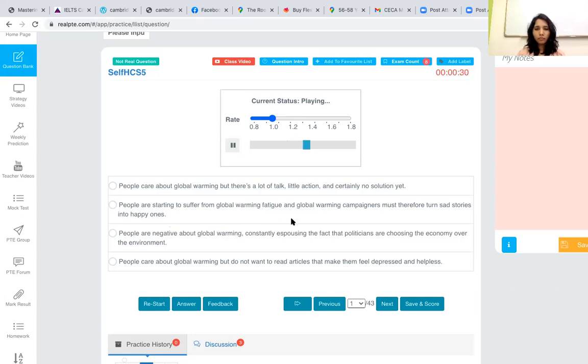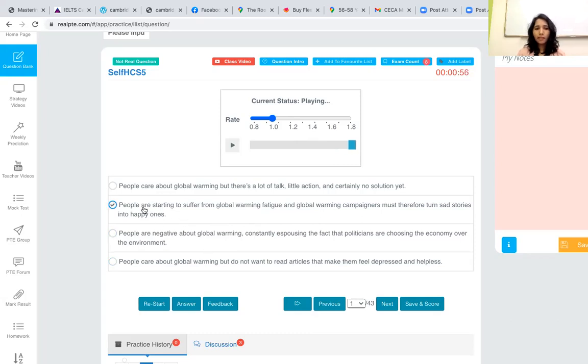And they write about people whose lives have been negatively affected by extreme climate change. Why should we spend our free time reading articles that make us feel depressed and probably quite helpless? Global warming campaigners must turn the sad stories into happy ones. They should talk about the actions that are having a positive effect on climate change, so that people become interested again and feel motivated to continue taking action.